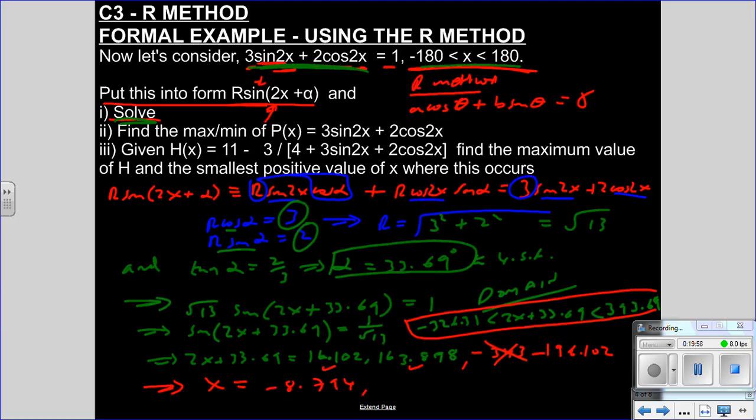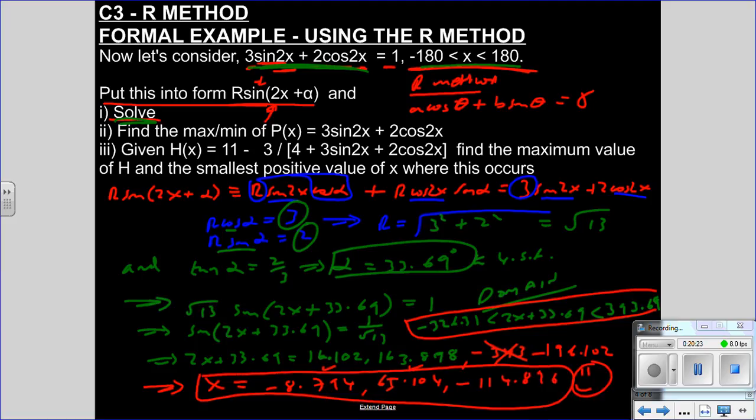And 163.898 minus 33.69 divided by 2 is 65.104, and minus 196.102 minus 33.69 divided by 2 is minus 114.896. There we go. There's all the answers, and you can check them by whacking them in your calculator. So normal C2 stuff applies.